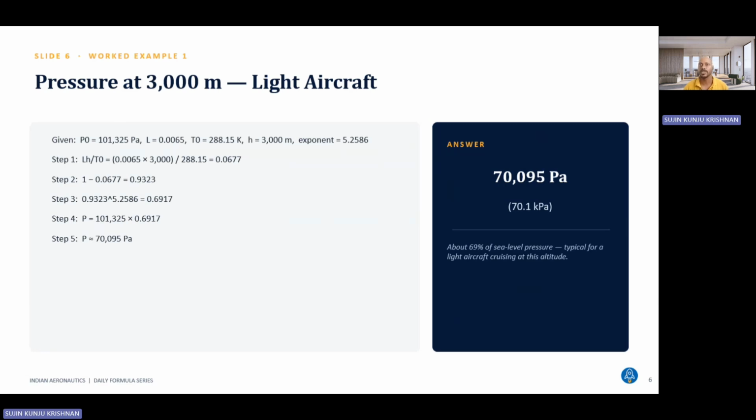Step 3, work out the inner bracket first. LH is 0.065 times 3,000, which is 195. Divide that by T0, 288.15. That gives 0.677. Step 4, subtract from 1: 1 minus 0.677 equals 0.9323.